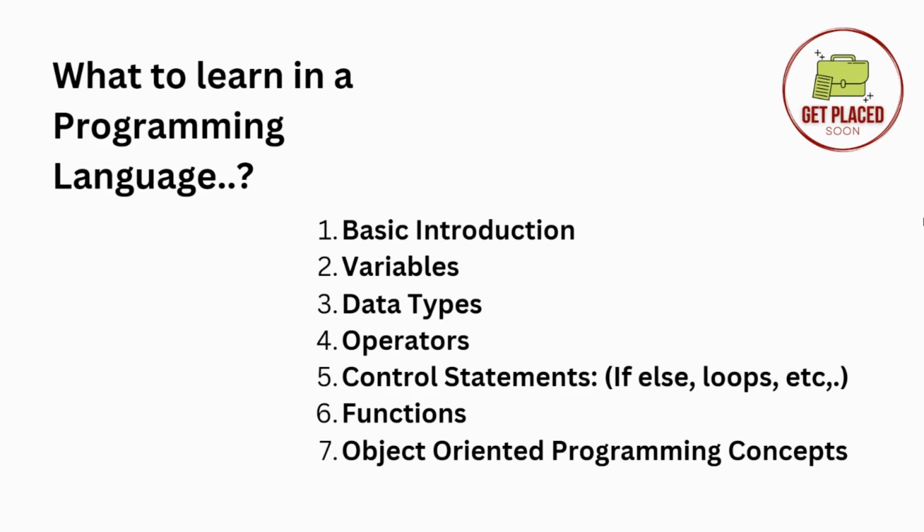Once you're done with that, you can learn about the functions, how to write a function in a programming language. So all these six are very very important, the main fundamentals of this programming language.